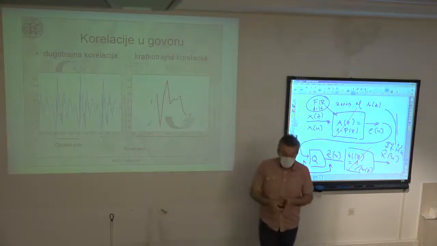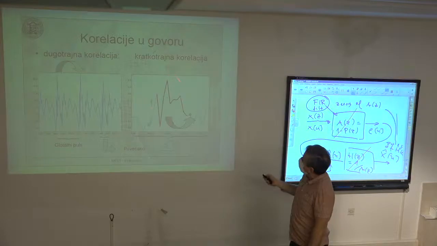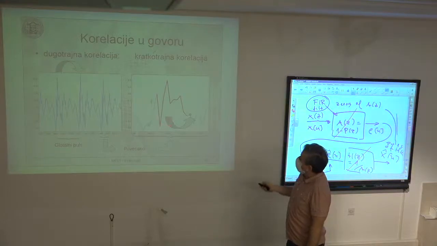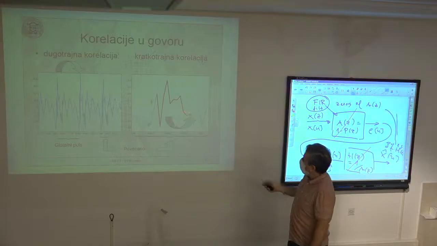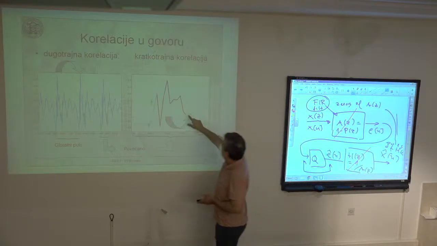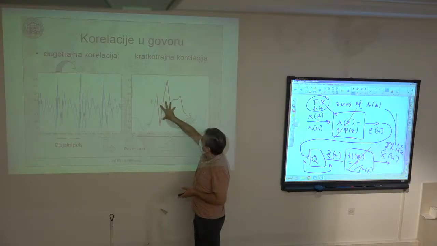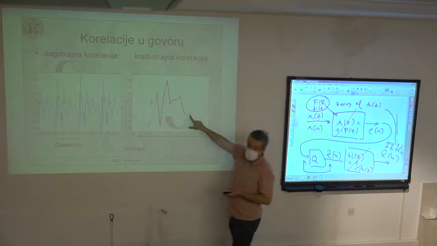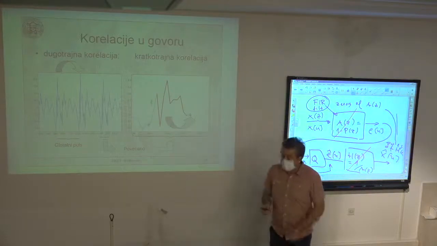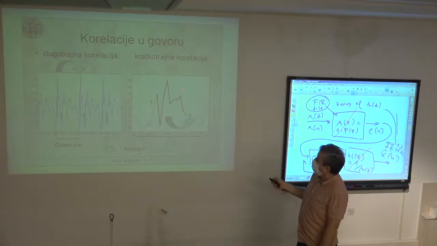So these are short-term correlation because close neighboring samples are correlated with the current sample. So I take the 10 last samples from the speech signal, and I claim there is a correlation between these 10 samples and this sample that I'm predicting. This correlation is called short-term prediction or short-term correlation. Okay?